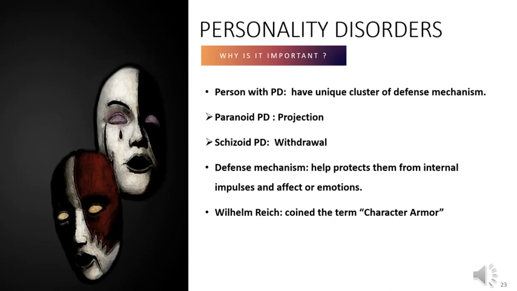In addition, these defenses protect the person with personality disorder from internal impulses and from interpersonal anxiety or depression in significant relationships. Wilhelm Reich subsequently coined the term character armor to describe these persons' characteristic defensive styles. In fact, Reich's theory has had a broad influence on contemporary concepts of personality and personality disorders.